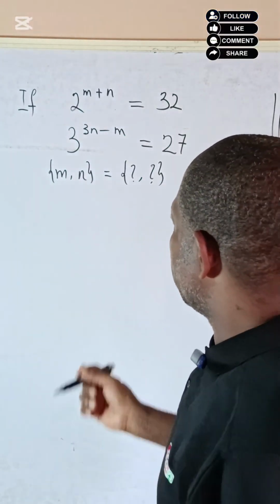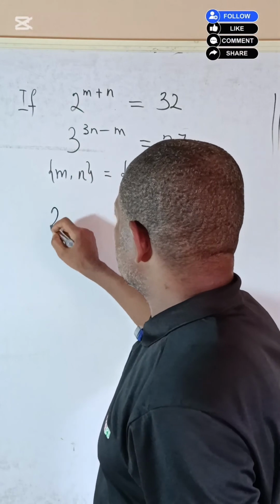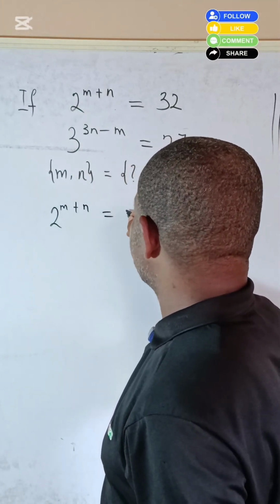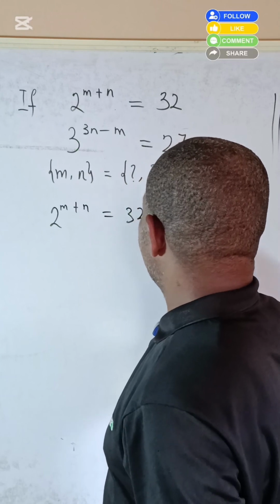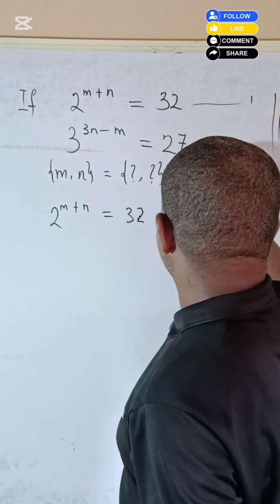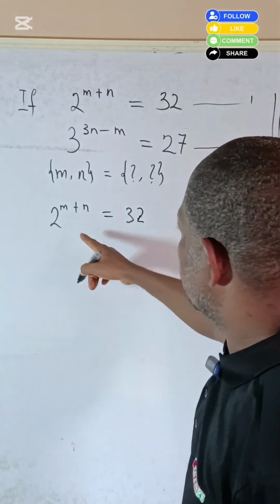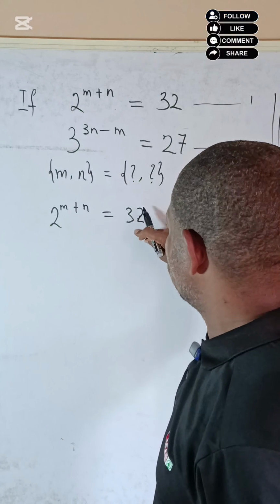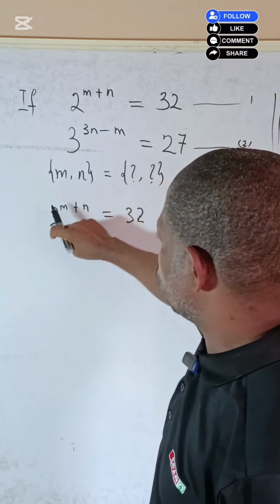Okay, so let's go. We have 2 to the power m plus n is equal to 32. First, let's transform this. This is our equation 1, this is our equation 2. Let's transform this by writing 32 as a number to base 2.